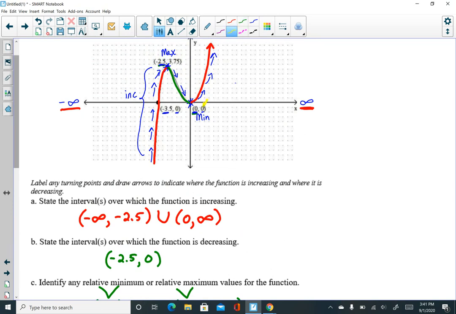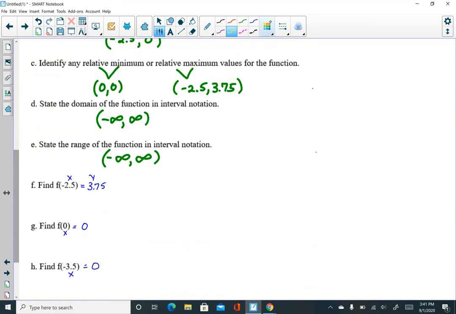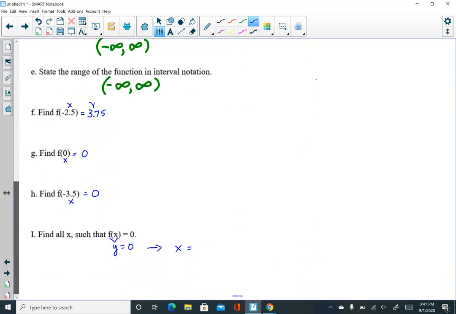When your y is 0, right here, your x is 0. When your y is 0, your x is negative 3.5. So, final answer here, x could equal negative 3.5 and 0. When x equals negative 3.5 and when x equals 0, your y is 0.